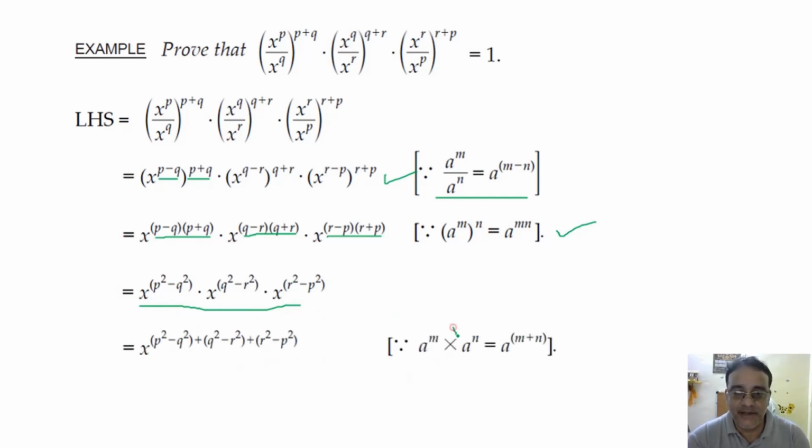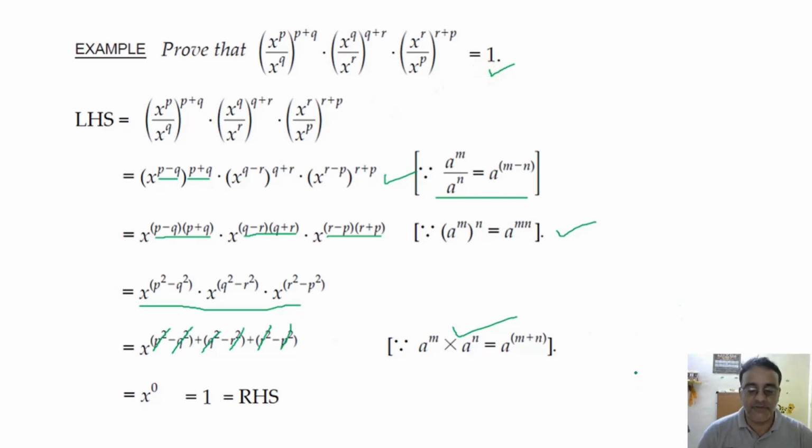This rule we have applied. So here minus q square plus q square cancel, minus r square plus r square cancel, and this p square minus p square will get cancelled. So what we are going to get is x to the power 0, that is equal to 1, and this is our RHS. Okay, any doubt in this question?